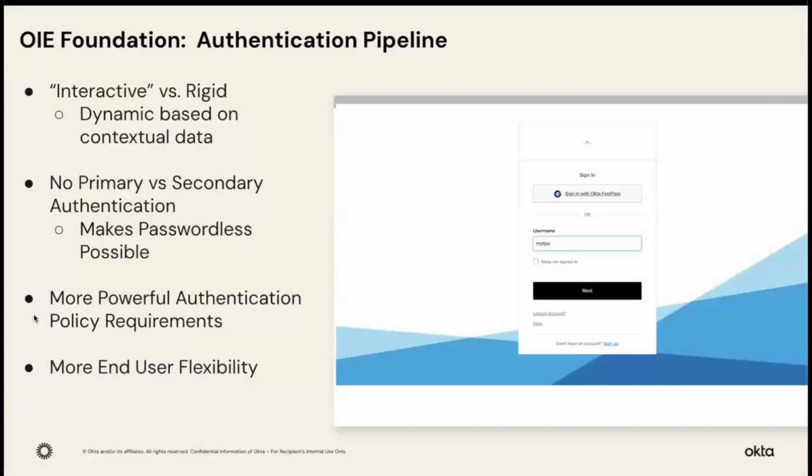In addition to simply specifying whether you require a second factor in addition to your password, as I mentioned, we've done away with that distinction between primary and secondary, but we've also allowed you to get more prescriptive about what kinds of authenticators are allowed or required. So in addition to saying, I'm going to require one factor or two factors for this particular policy, you can say, I'm going to require a phishing resistant factor or a hardware bound factor, or I'm going to require user interaction.